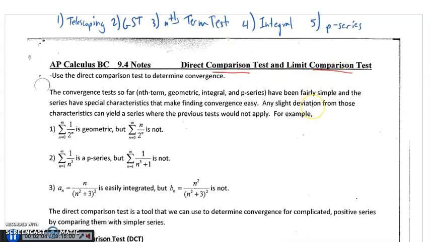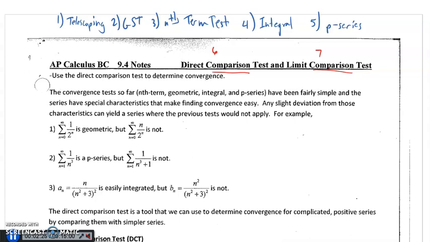We're going to compare these series that look like familiar ones but are a little different. We're going to compare these similar ones to the ones that we know how to deal with. So we've got the direct comparison test, which is the 6th test, and the limit comparison test, which is the 7th test. And these two tests are going to open up the door to even more series that we can deal with.